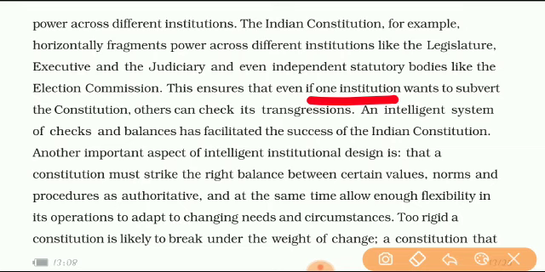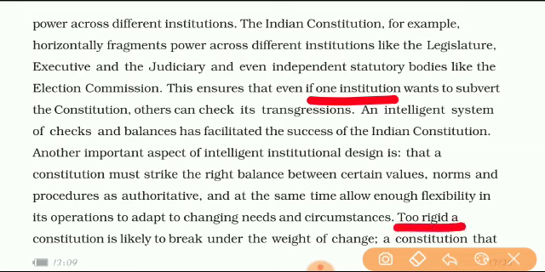Directly it was made by the members of the Constituent Assembly, but still there are some procedures by which amendments can be made in the Indian constitution. Means somehow the Indian constitution has provided some flexibility, so that whenever there is a need for further changes, they can be made easily.